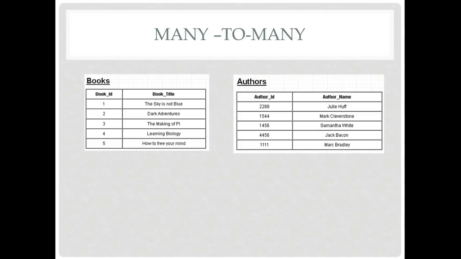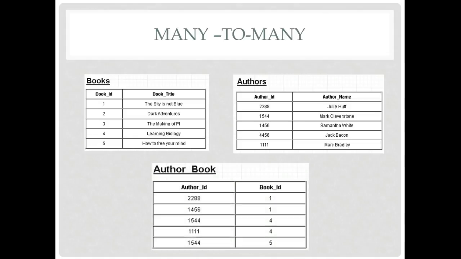One thing to take note of is when you're dealing with a many-to-many relationship, the only way to build that relationship between them is to actually create yourself a new table. Now, as you can see here, we have a table called Author Books. Within this Author Books table, it takes into account the author ID as well as the book ID.